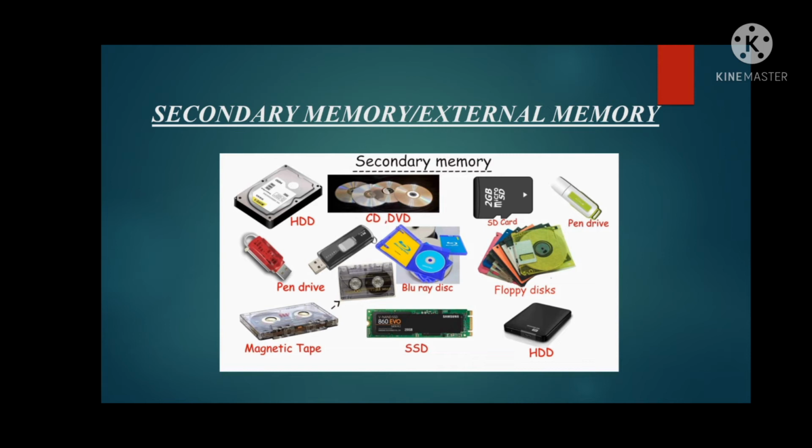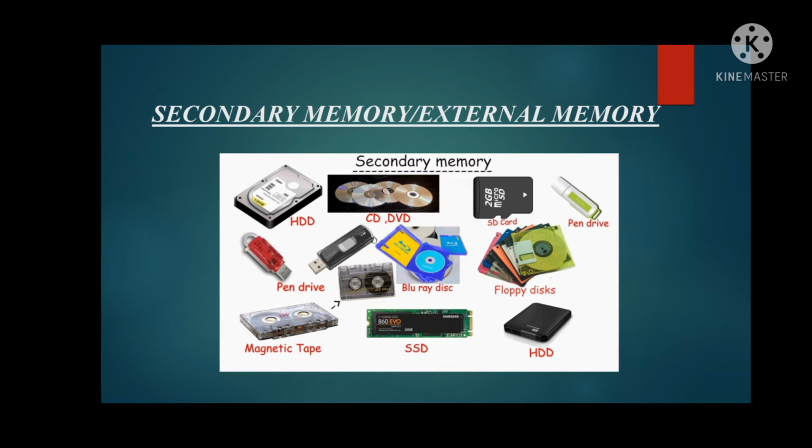Fixed storage is an internal storage medium, like the hard disk that is fixed inside the computer. To give you some examples, you can see over here: hard disk drive, or HDD, SSD, flash, optical drive, USB drives. These are some examples of secondary memories in a computer.